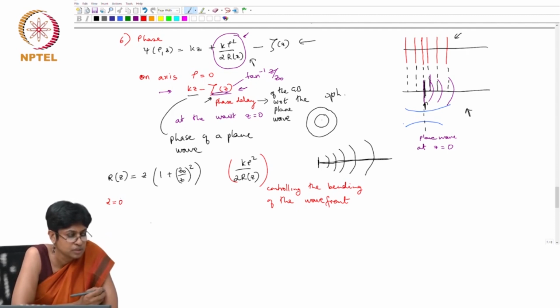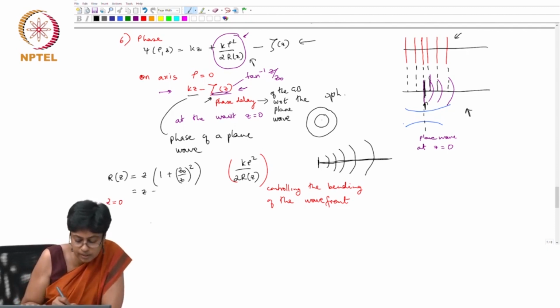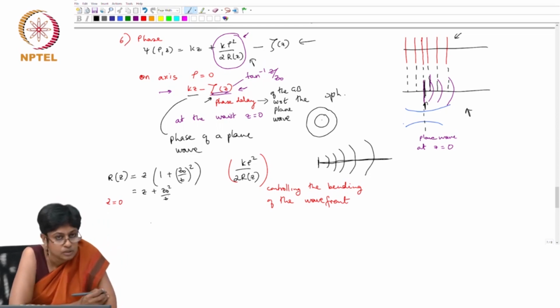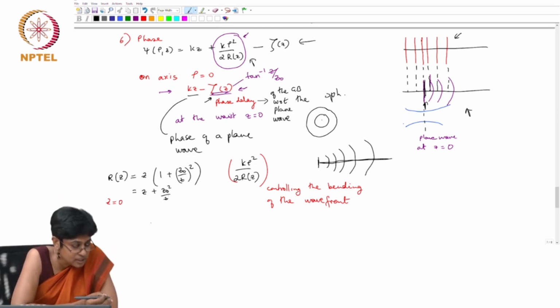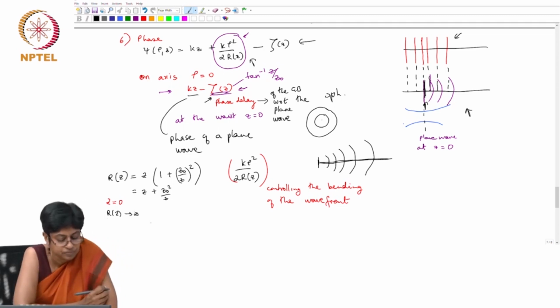Where is z equal to 0? At the waist. So at z equal to 0, what happens to my expression for R of z? I can always write it like this, right? So at z equal to 0, the first term vanishes, but the second term goes to infinity. So at z equal to 0, R of z will go to infinity, right?